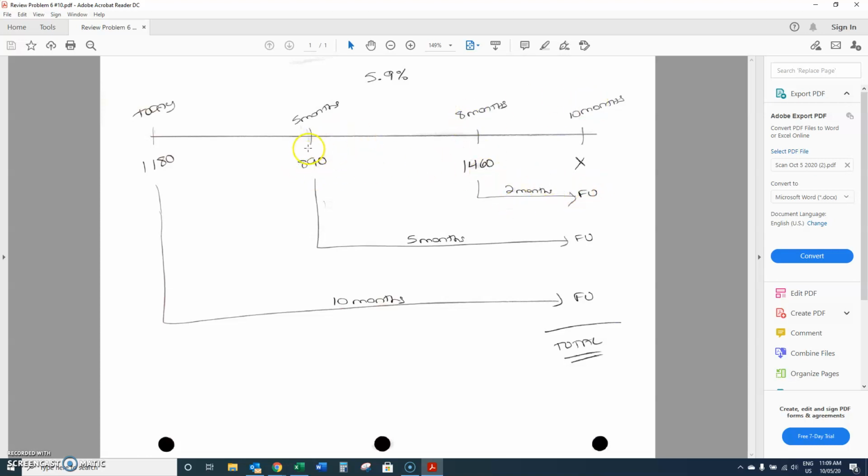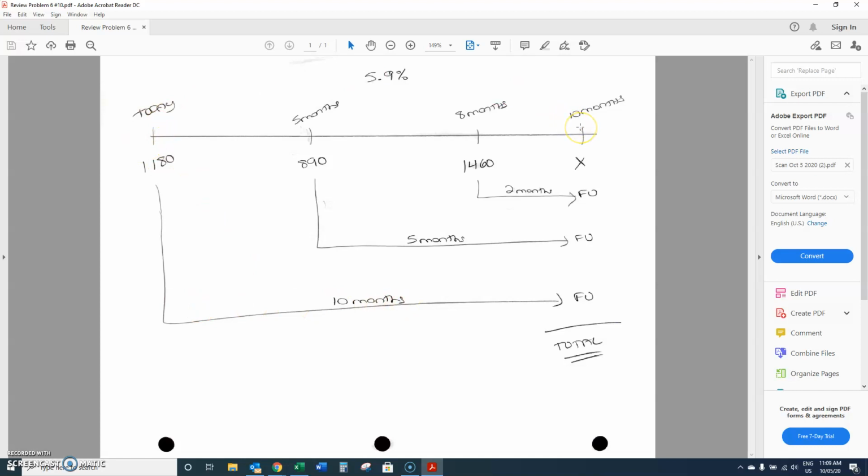The $890 would have been received in 5 months, but now it's going to be 10 months. So again, the difference between the 5 months and the 10 months, what's the future value of that amount 5 months later? And the $1,180, we're going to calculate the future value 10 months later, because it would have been received today.